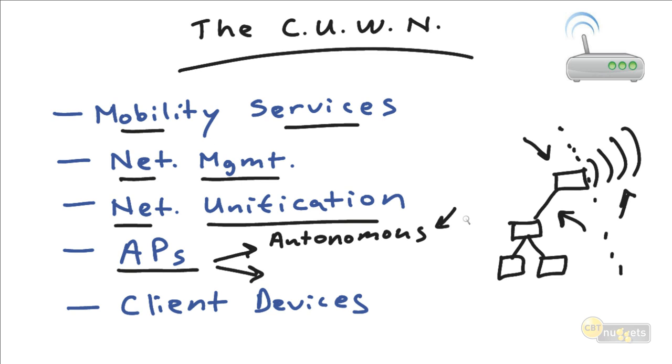But no, in Cisco's world here, that would actually be a bad thing. An access point that just has to rely on itself, that's independent, this is a bad thing. This is what we might do for a small office, home office, but for a large enterprise, we don't want the access points to be autonomous. Instead, we want the access points to be what Cisco calls lightweight.